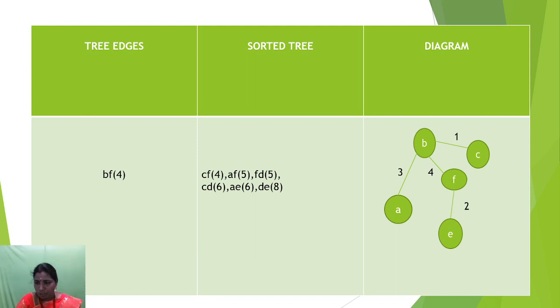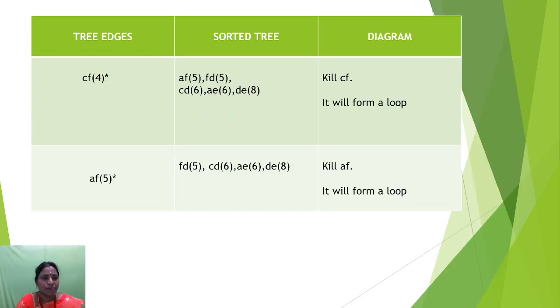Suppose I am going to connect C and F, what will happen? Yeah, B, C, F make a loop. So what I am doing, my concept is if any loop occurs or arises, we cannot choose the value. You see the next tabular column CF4, AF, FD5, CD, AE, DE, there is no change in the center column.